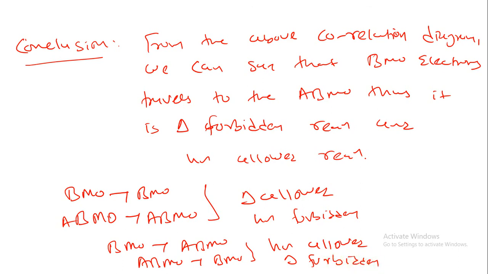So that will be our conclusion. In the examination they will ask whether a 2 plus 2 reaction is thermally allowed or photochemically allowed. Here you can say that it is a photochemically allowed reaction and thermally forbidden reaction. So this is our 2 plus 2 cycloaddition reaction.